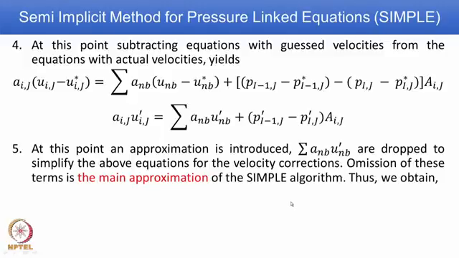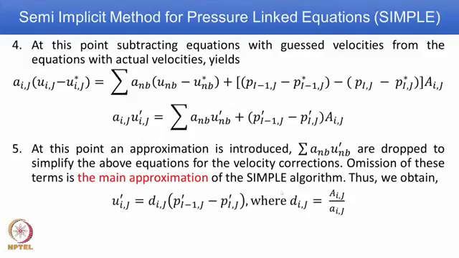At this point, an approximation is introduced: the summation of a nb u nb prime is simply dropped from the above equation for the velocity correction, and omission of this term is the main approximation of the SIMPLE algorithm. Once you drop this particular term, the summation of the neighboring nodes' contribution, the resultant equation is shown here.